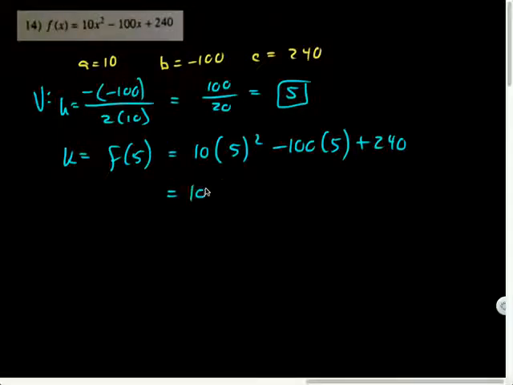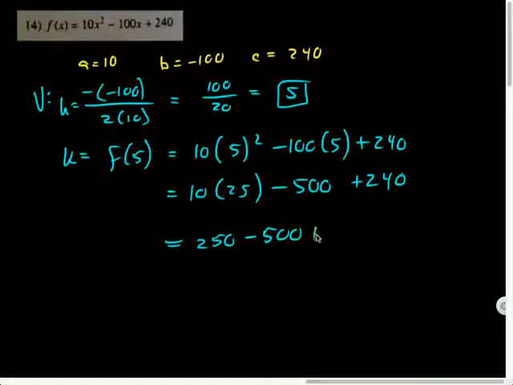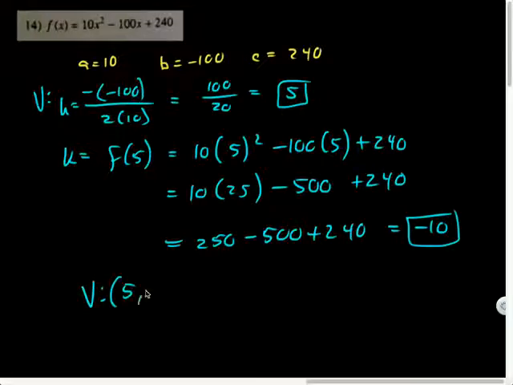So that's 10 times 25 minus 500 plus 240. Oh, it's actually going to balance out pretty good. So that's 250 minus 500 plus 240. That's going to equal negative 250 plus 240. That's negative 10. So 5 comma negative 10 is my vertex.